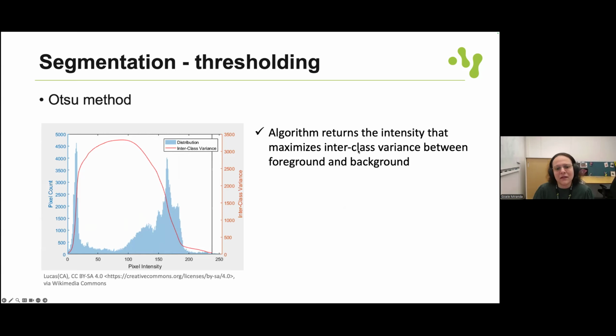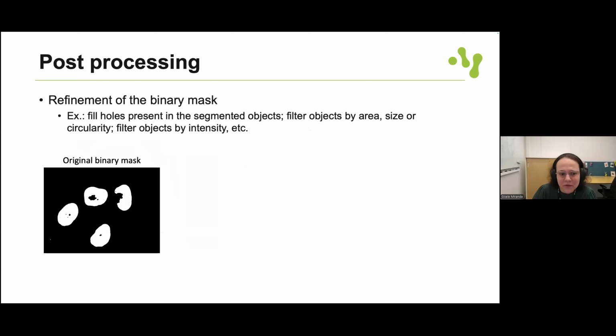What we call classes here are the background and the foreground. Clearly, we have a peak on the background signal here, and the foreground is what we actually want from the image. Not always do we have this nice separation between foreground and background, and then it can be a bit trickier to analyze the images.